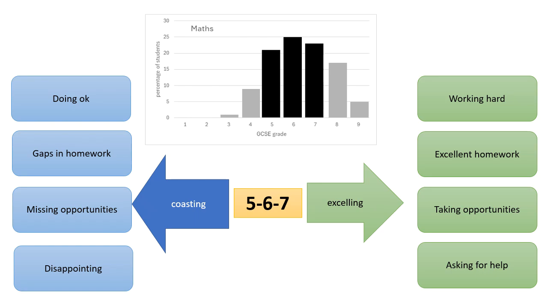What does it look like to be on the right-hand side of this? What does it look like for someone with a 5, 6, 7? How do they get a 7? Or even how do they think about getting an 8 or even a 9? I guess we could summarize it by saying excelling. So this is someone that's going to work hard. They're going to try pretty hard all the time not to have gaps in their homework, to have excellent homework. They're not going to miss opportunities. They're going to take them.